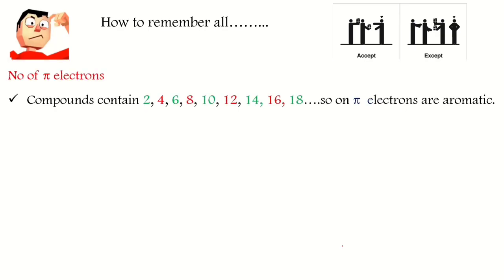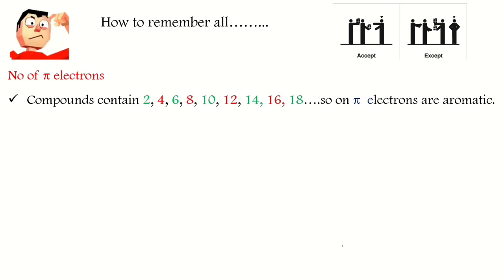And yes, till now we discussed many factors. Now we may get confused about how to remember all those things. So for easy remembrance I am going to give one trick. The number of pi electrons in compounds may be 2, 4, 6, 8, 10, 12, and so on.